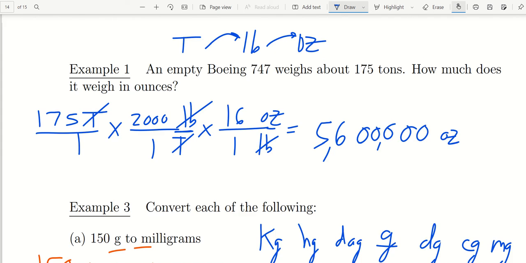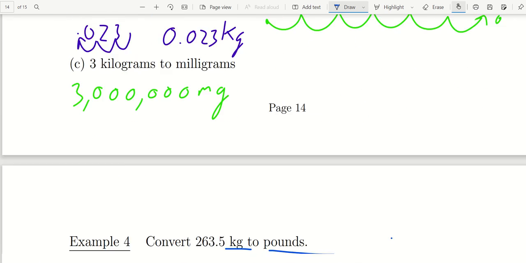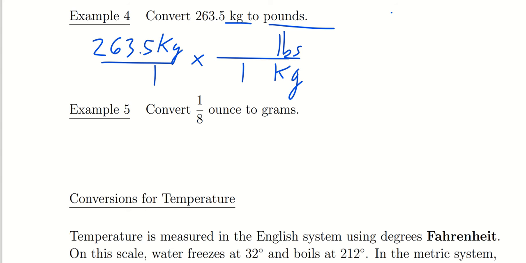And now we need the relationship. 1 kilogram is approximately 2.2 pounds. These cancel, and so we get our answer, which is going to be about 579.7 pounds.